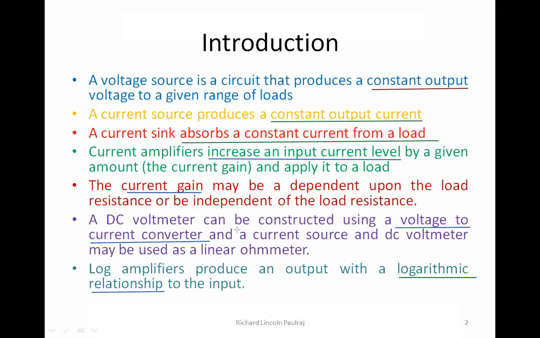The gain factor. Then DC voltmeter, there is going to be a conversion between voltage to current. So it's also called VTC, voltage to current converter. And in log amplifiers, we're going to see the relationship between input and output, and they are related logarithmically, right?